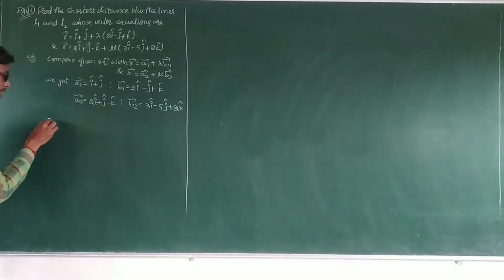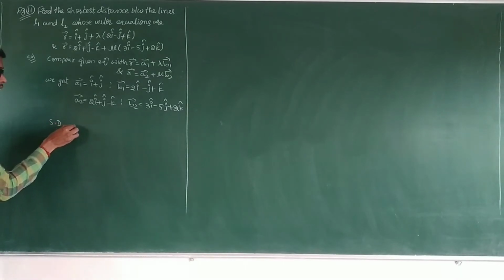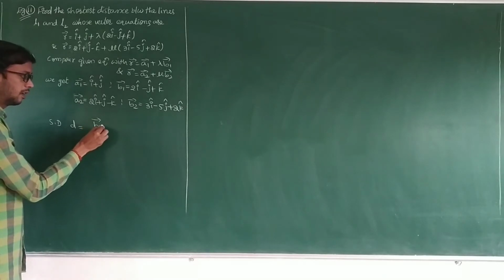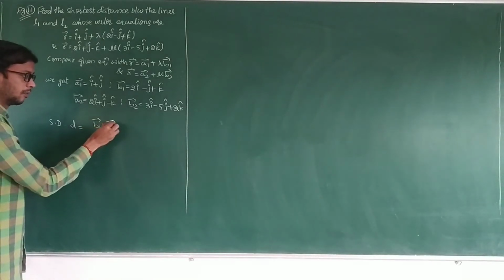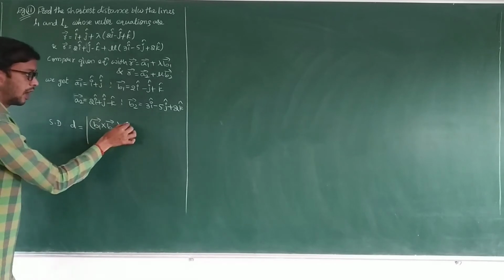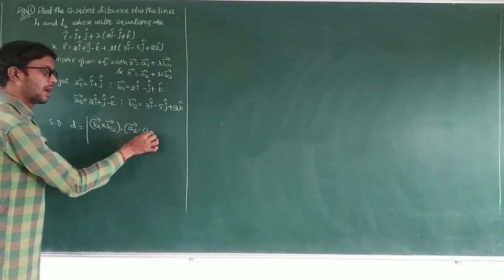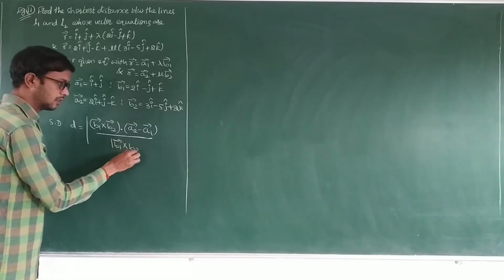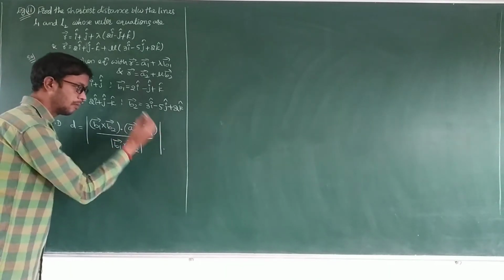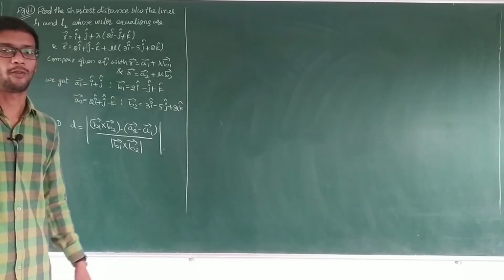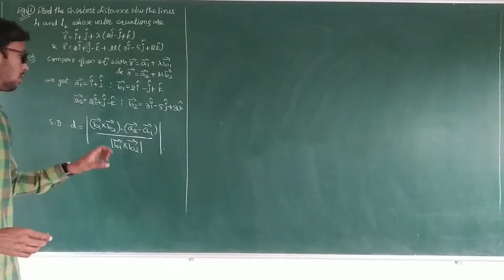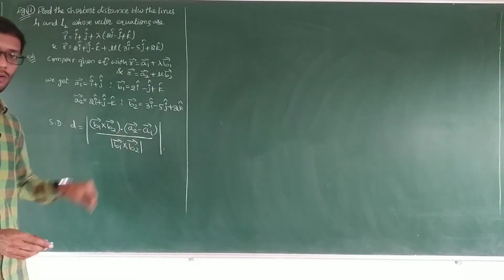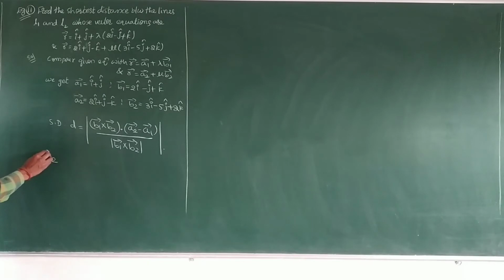Now the shortest distance between the two skew lines is d equal to the formula: B1 bar cross B2 bar dot product A2 bar minus A1 bar, divided by magnitude of B1 bar cross B2 bar, with the modulus because we make it positive. So now you have to find each and every element in this formula. First I find A2 bar minus A1 bar.